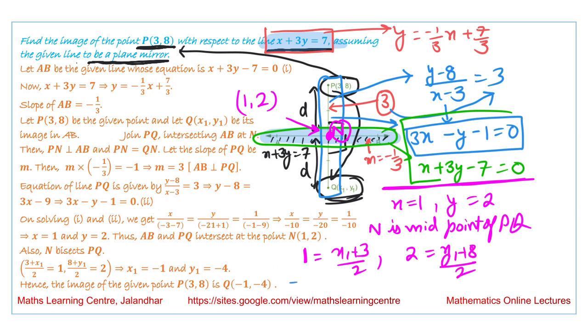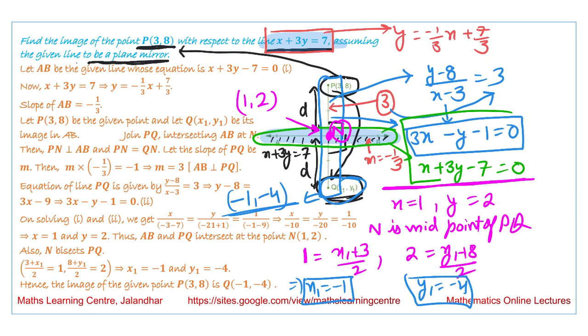On solving this, we obtain the value of x1 is equal to minus 1 and the value of y1 is equal to minus 4. So the coordinates of this point Q will be minus 1 comma minus 4. So these are the coordinates of this point.